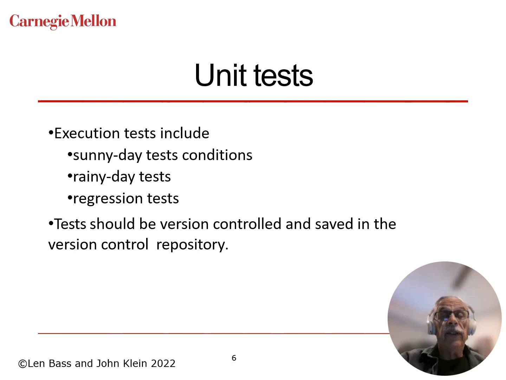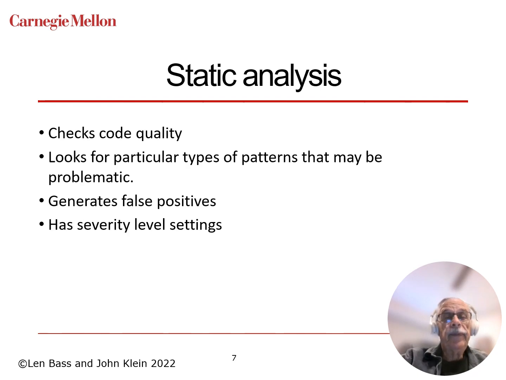And the tests should be stored in a version control system. Tests are going to be textual. They're going to be the input into the system and the expected output, and you should keep track of that.